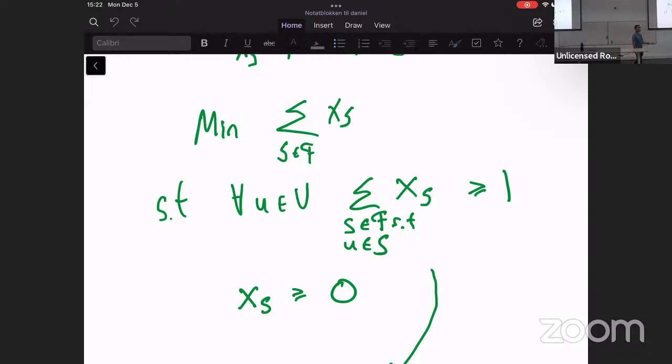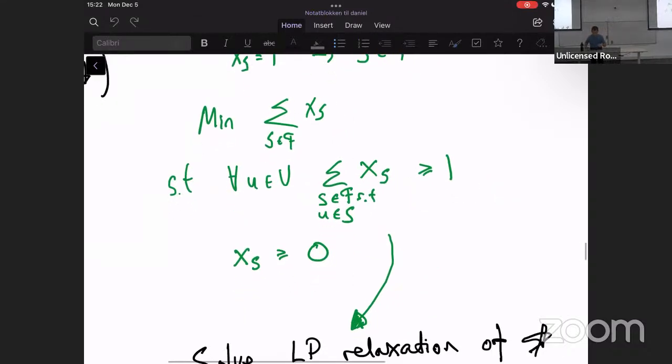When you feed it to the solver, the optimum solution is never going to set any variable to more than 1. If I set it to 1.1, then all of the elements contained in that set are covered, they're even over covered. So even if I decreased it to 1, I would still be covering everything and my value is smaller. So I can enforce it, I don't have to, doesn't matter.